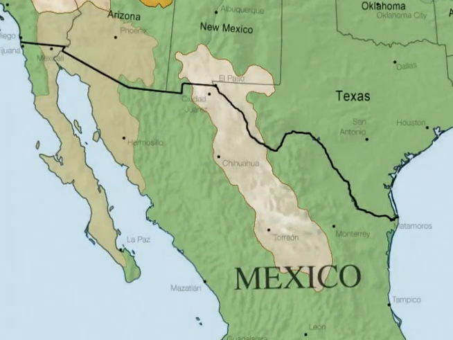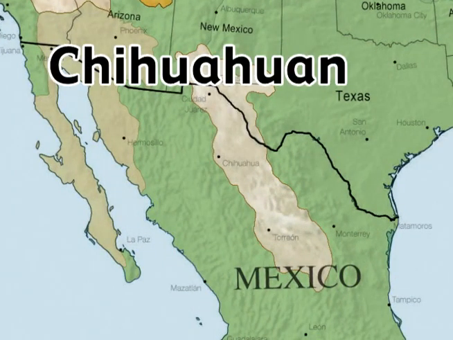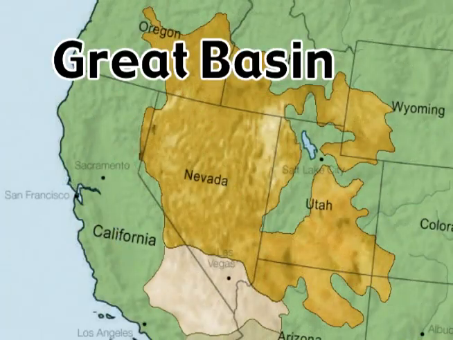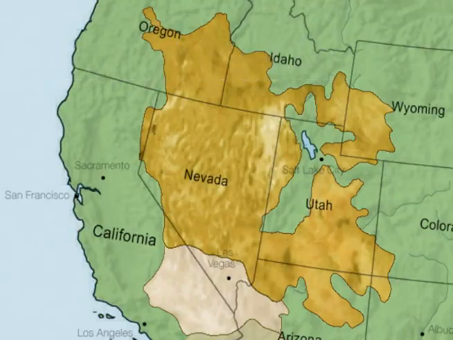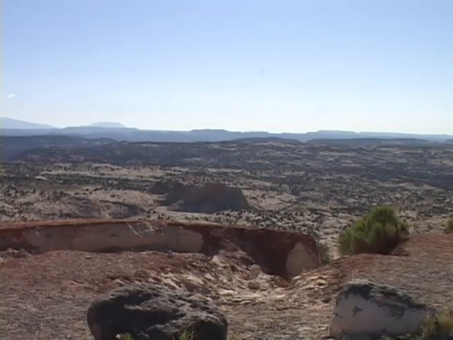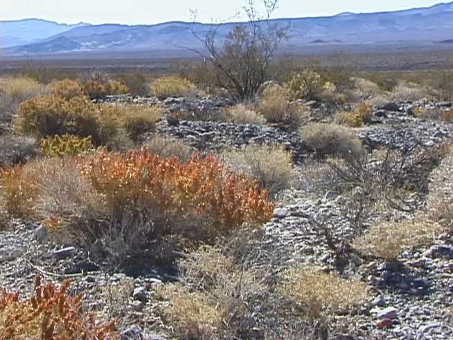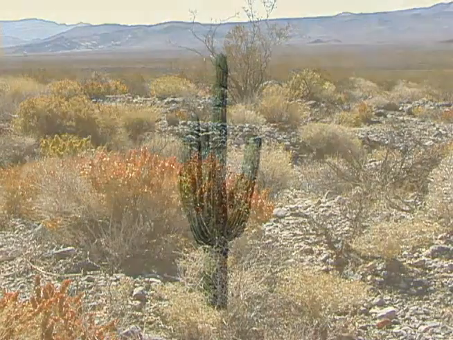And the Chihuahuan Desert is located in northern Mexico and Texas. The Great Basin Desert, the highest in elevation and northernmost of these deserts, has very cold winters. Deserts vary greatly in the amount of moisture they receive, overall temperature, and soil type.